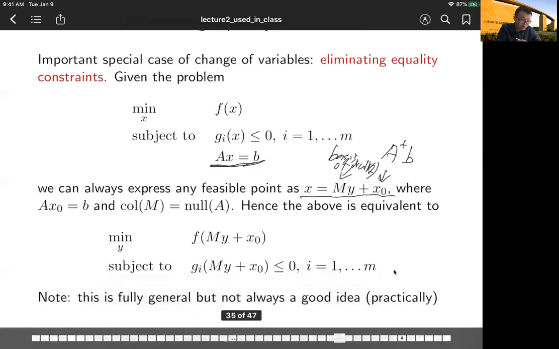So you can always do this. The issue is that this is fully general, but it's not always a good idea, because this additional transformation may make the problem a lot harder to solve.